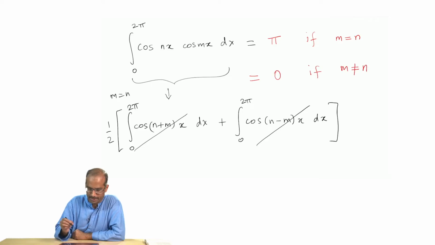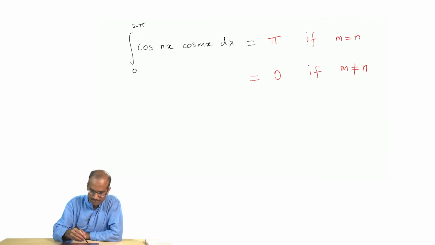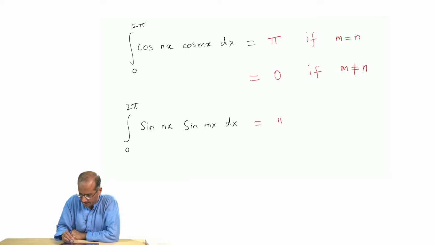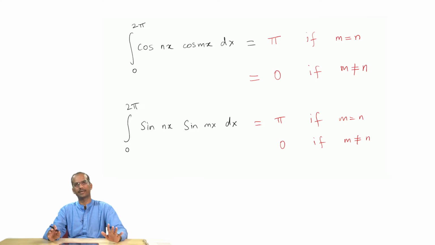And similarly, I urge you to work out what happens if you integrate between 0 to 2 pi the sin nx sin mx integral, and this is equal to pi as well if m is equal to n, and it is also equal to 0 if m is not equal to n. Let us say cos nx sin mx integrated over dx between 0 and 2 pi.